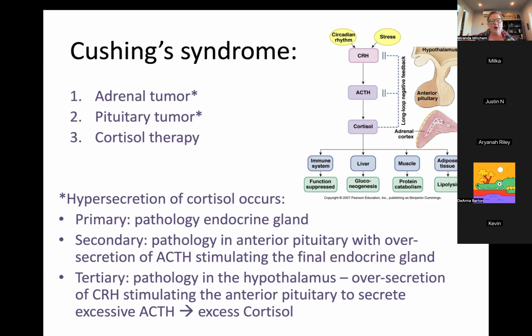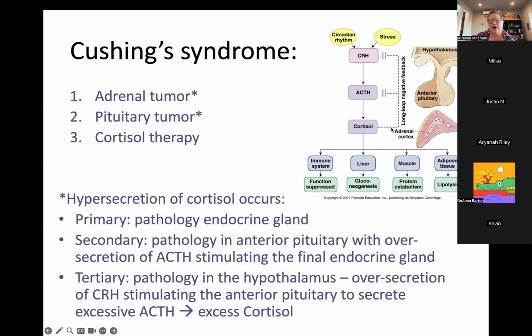So depending upon, because of our long feedback loops, we're altering the production of the three different hormones depending upon which feedback loop we're using. So cortisol is the end product.